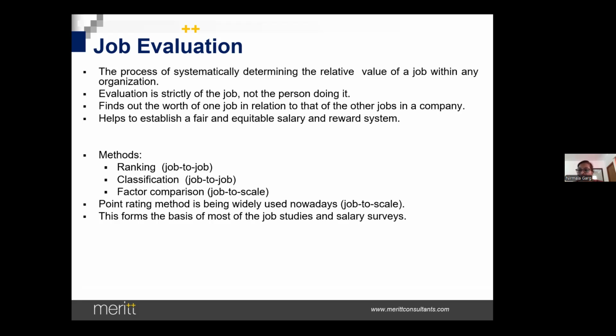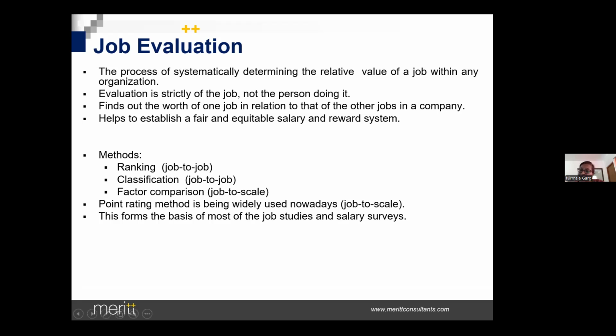So when we talk about job evaluation, it is relative worth, not absolute worth. It's like in a class, you rank them, you put them in order 1, 2, 3, 4, 5. Obviously the first ranker is the highest, then second, then third, then fourth. So job evaluation is a systematic process of determining the relative worth of the job.